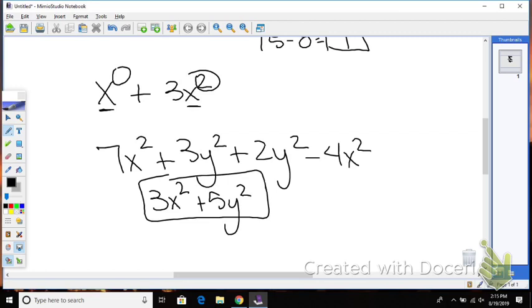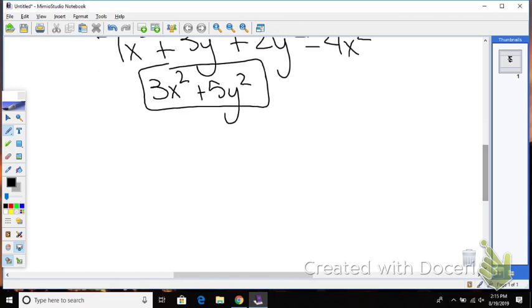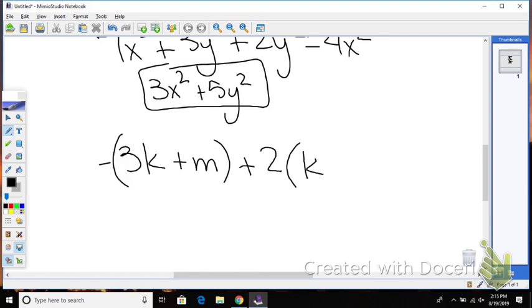Okay, let me give you one more to do, and then I'll let you get back up to get your books, if you want to. Today's not a lot of new stuff. Okay, so this one I want everyone to work on, and then I'll put the answer up here too. I have negative parentheses 3k plus m, plus 2 parentheses k minus 4m.